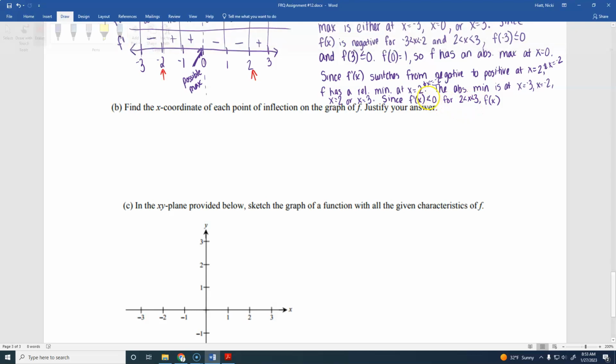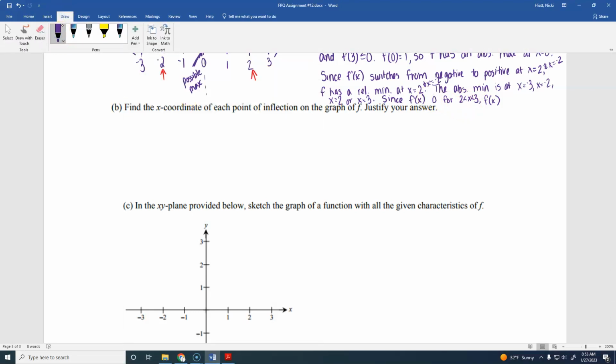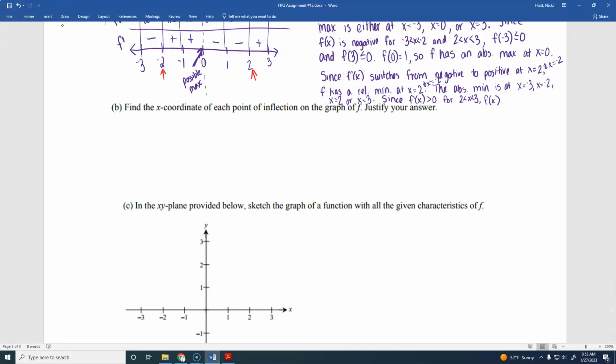It's positive there, because we're positive between 2 and 3. F of x increases on 2 less than x less than 3. And that tells us f of 3 is greater than f of 2.